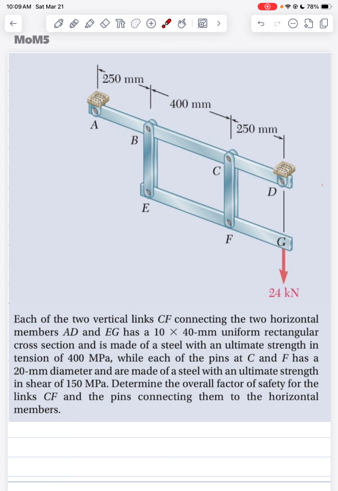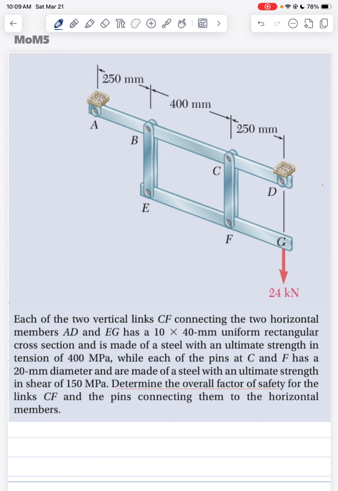So the question says determine the overall factor of safety for the links CF, there are two links here, and the pins connecting them. Now, factor of safety basically is a measure of how much stronger a system component or material is compared to the expected maximum load or stress it will experience in service, right?